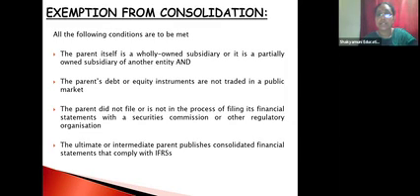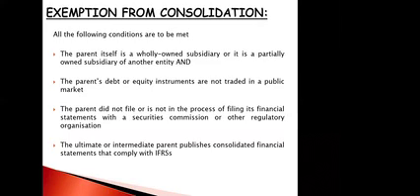So since company B purchased 80% shares of C, company B is a parent, right? Company C is a subsidiary because company B is controlling company C. Company B purchased 80% shares of company C. Here company B is a parent, right?